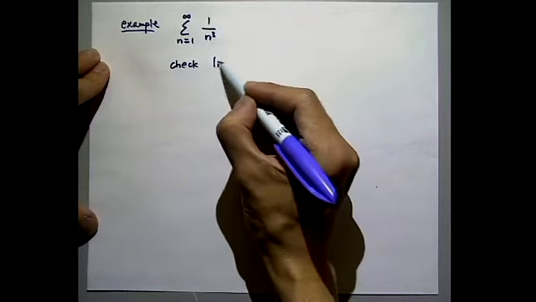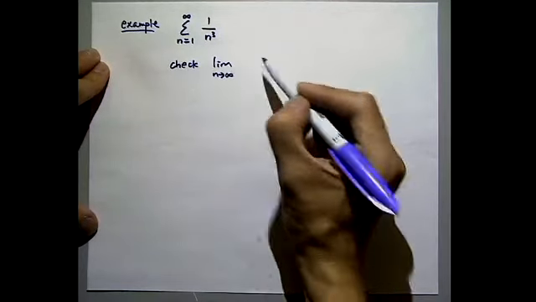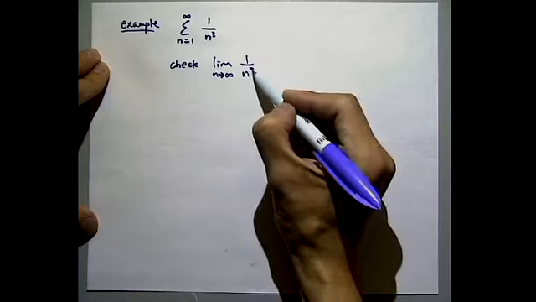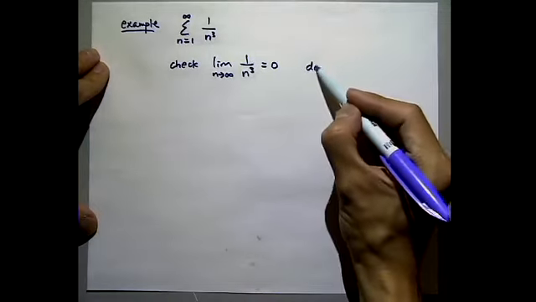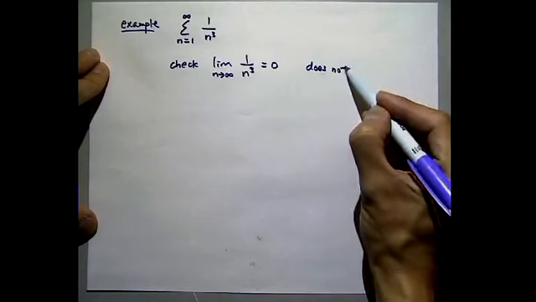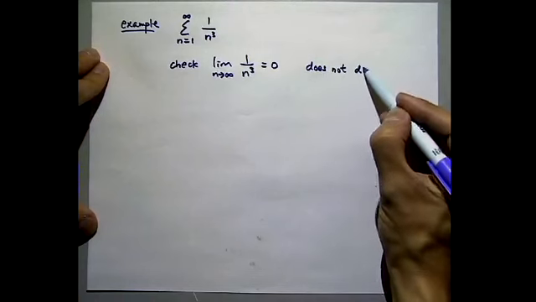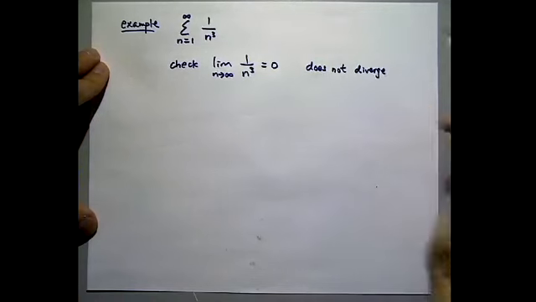Again, check if the limit of that goes to 0. All right, so it does not diverge. That's what it says. Does not conclusively diverge.